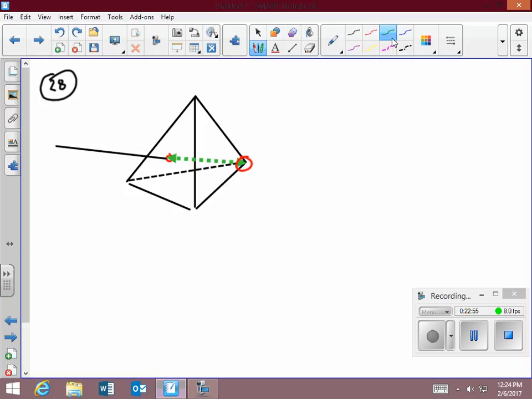If you go down through here, you'll have one that'll come down here, hit there, and then come out. And then you'll have one that goes from this vertex back up through this side.